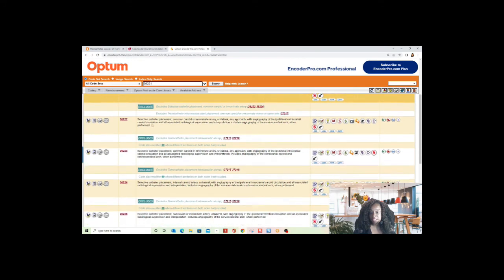But because this code and the ones that follow, the 36221 range, all of these here, were created for the purpose of studying the vessels of the head and neck, the CPT Assistant has clarified as of December 2021, that's your source article. So if you don't believe me, I have no offense to that at all. I tell you, don't believe me, because at the end of the day, what I said means nothing. You've got to be able to support how you code and what you code as a coder.